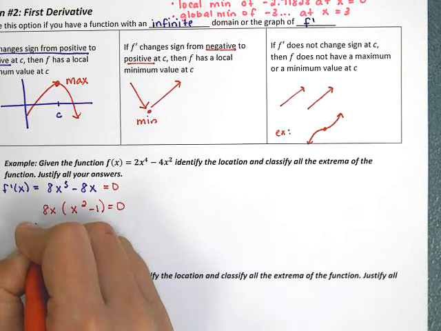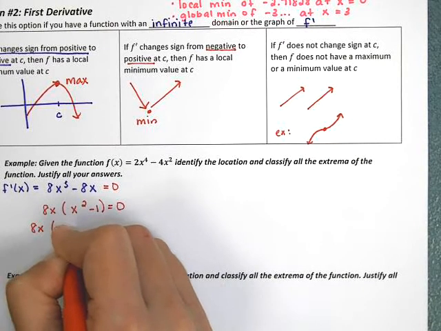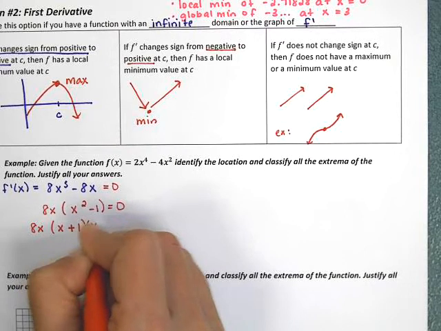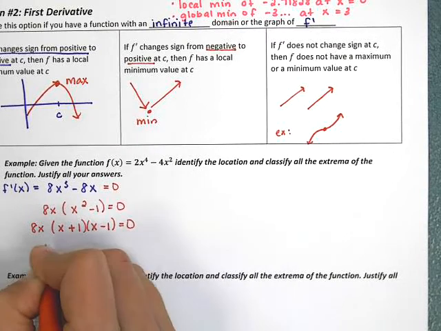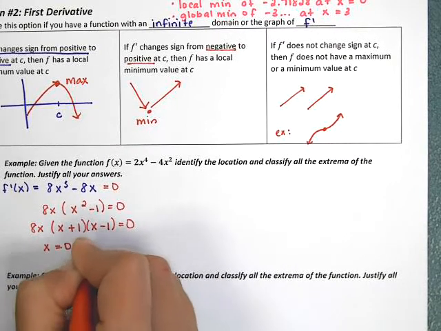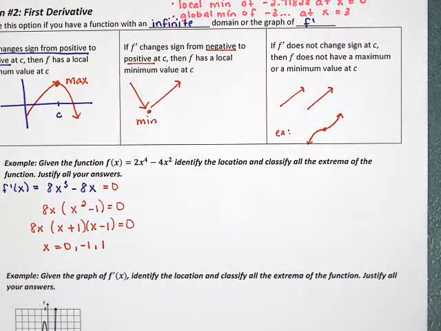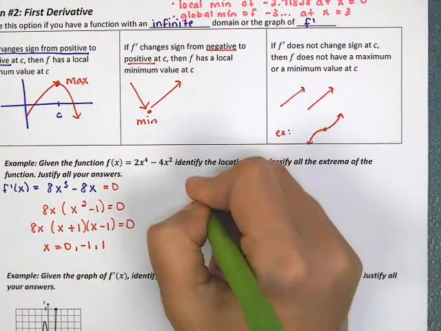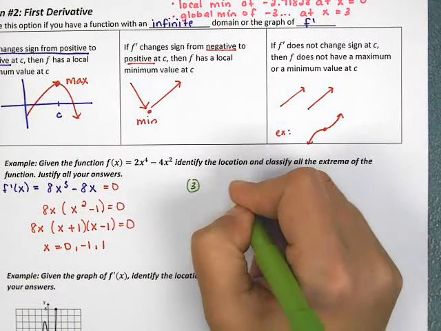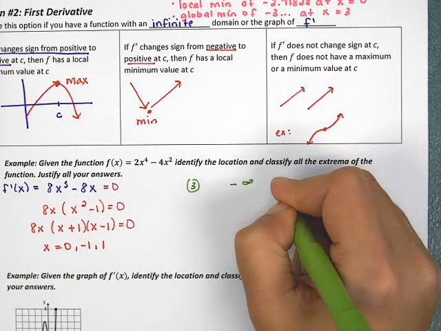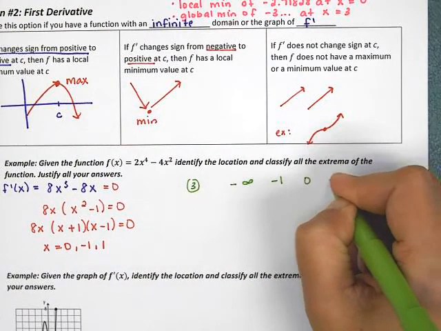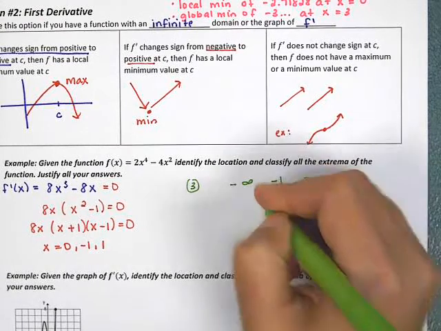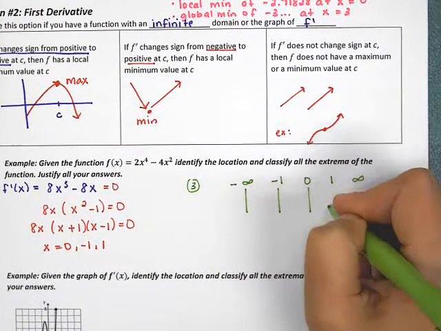We would continue to factor. And we would get x equals 0, negative 1, or 1. Then we would make a chart and we would look at the sign of f prime. So we would have negative infinity, negative 1, 0, 1, and infinity.